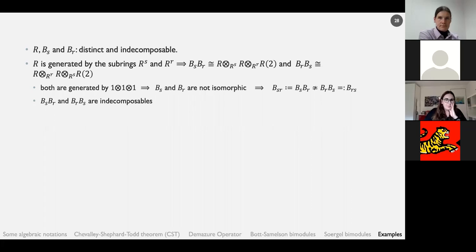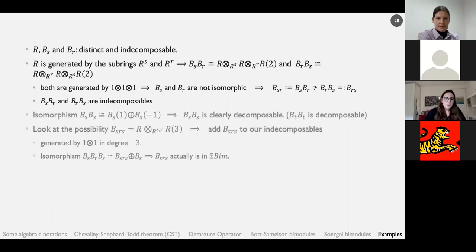And because we cannot express either of these as a direct sum of submodules of B_S B_R, respectively B_R B_S, they are indecomposable. Hence the product of the indecomposable elements B_S and B_R offers us two new indecomposables, B_S B_R and B_R B_S.